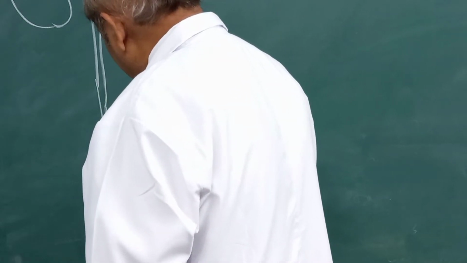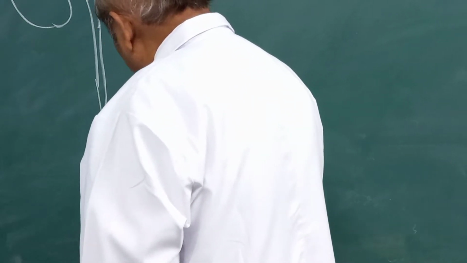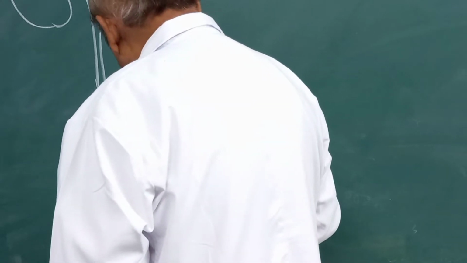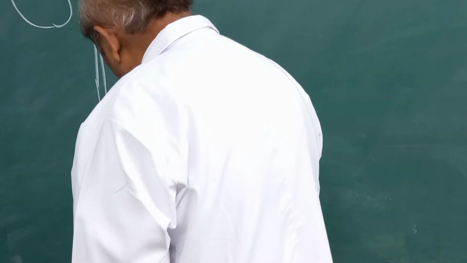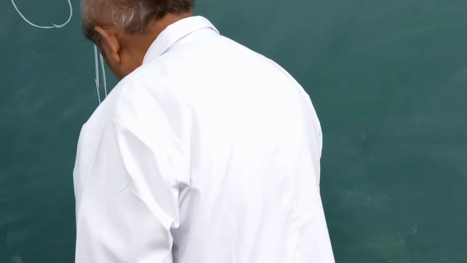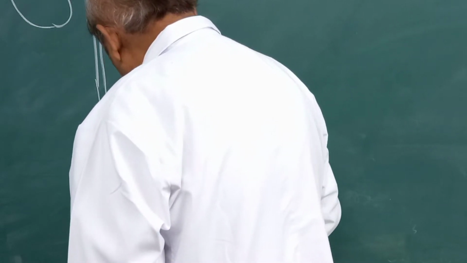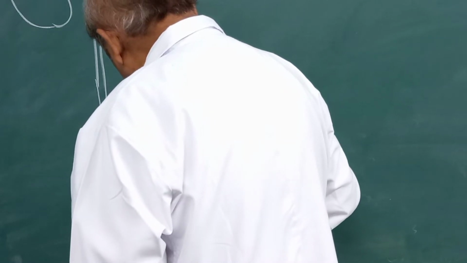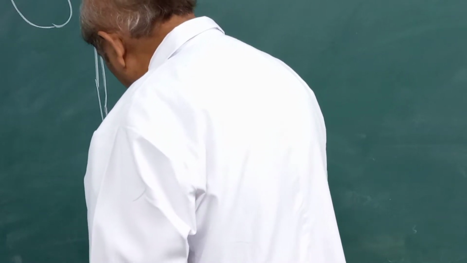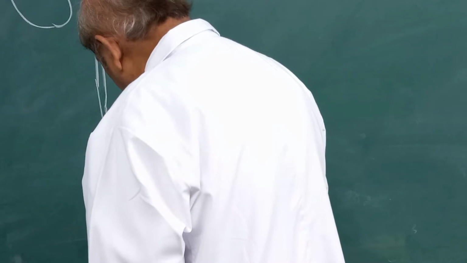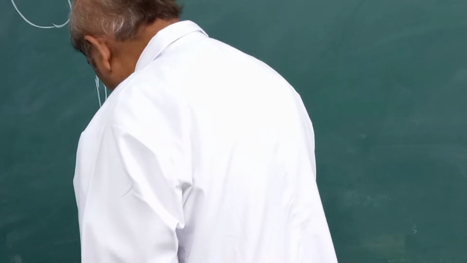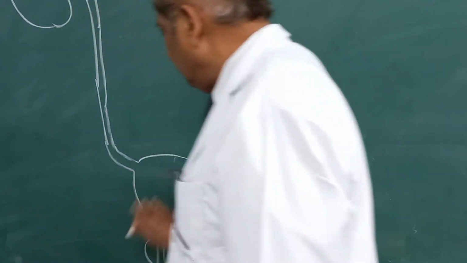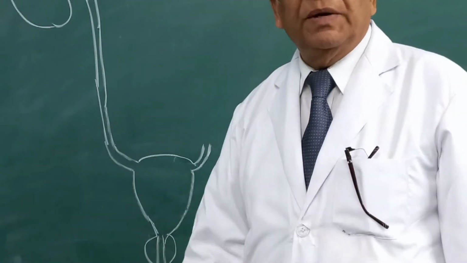Then it comes and opens into the urinary bladder. This urinary bladder will receive the ureter from both sides, and then after receiving the ureter, this bladder will continue with that of the prostatic urethra. So suppose this is the prostatic urethra through which this is continuing. So this is the urinary bladder.